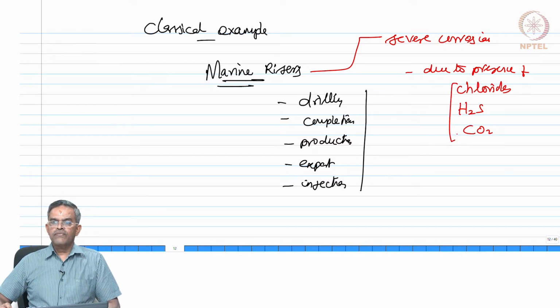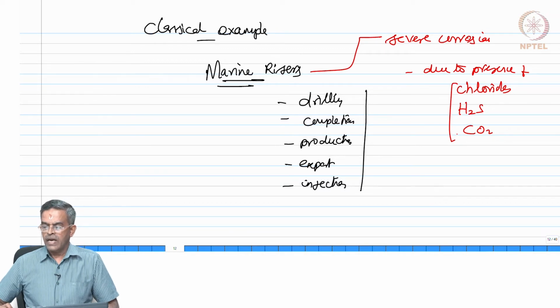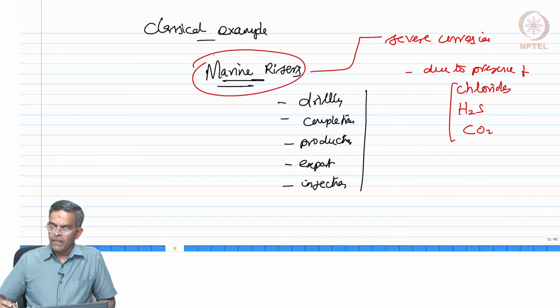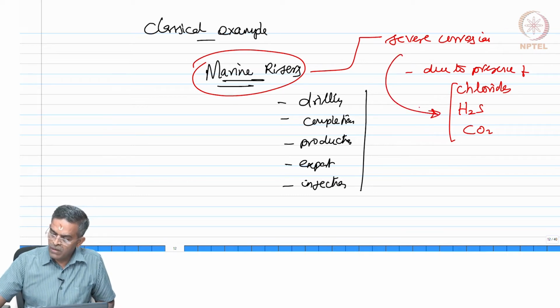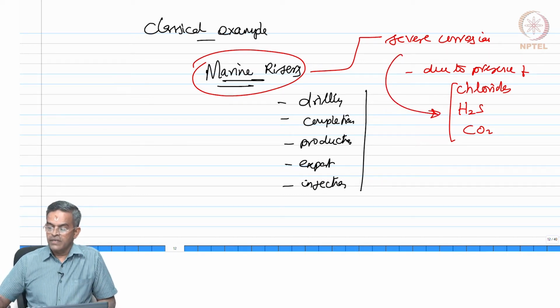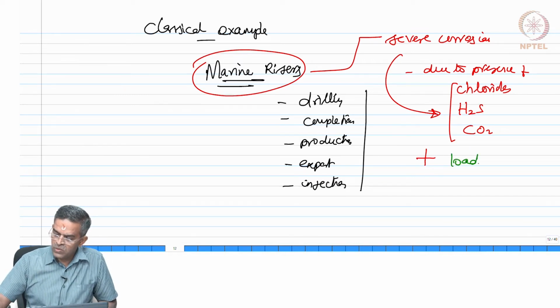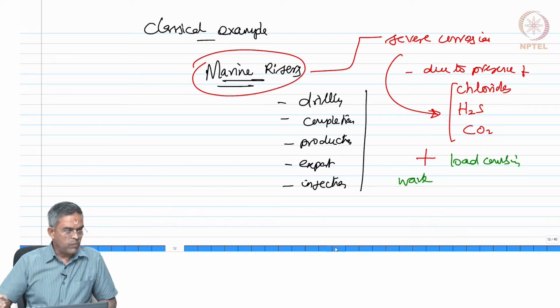This presence is felt as well as encountered in the marine environment. Therefore, the marine risers are susceptible to this kind of environmental influence, in addition to the combination of loads that arise from wave, current, ice, shock and impact.